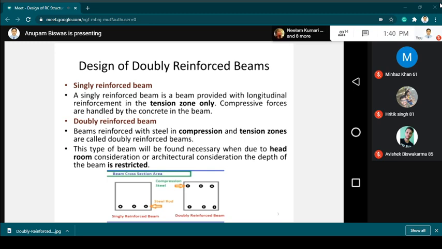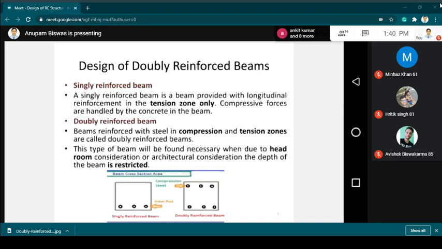We will have a hanger bar in the compression zone to hold the shear reinforcement, the stirrups, but that should not be considered as compression zone reinforcement. So this is the definition of singly reinforced beam, which is provided on the tension zone only.